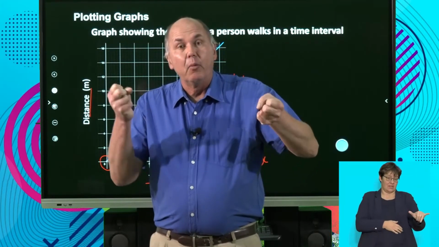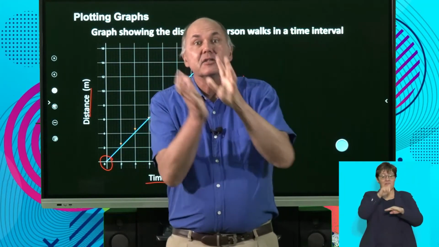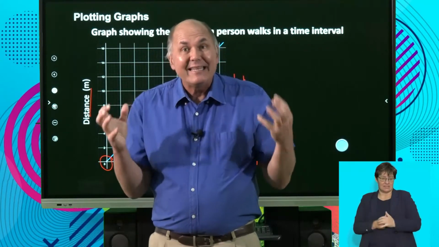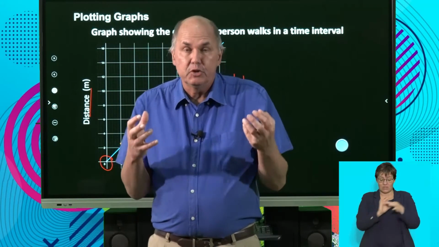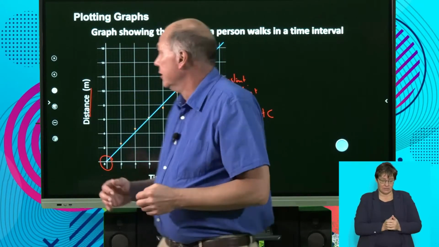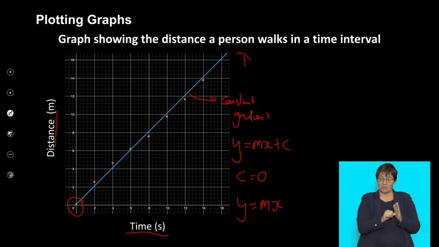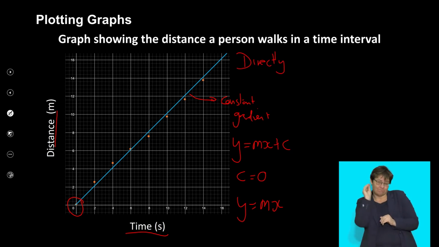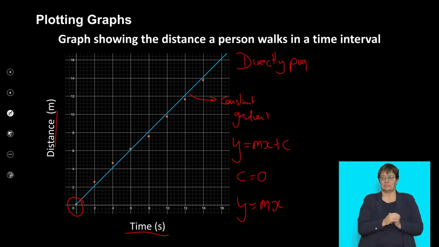So y divided by x is going to be a constant. That tells us that this relationship between these two variables is directly proportional. That's an important word to remember, and an important feature to take note of: directly proportional.